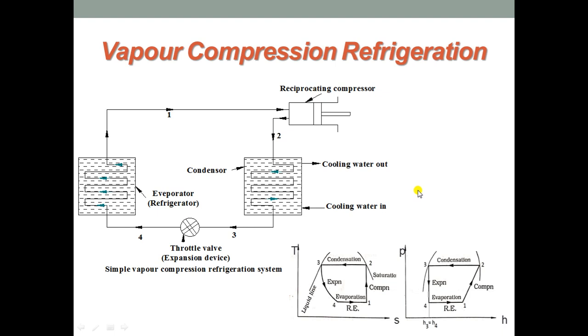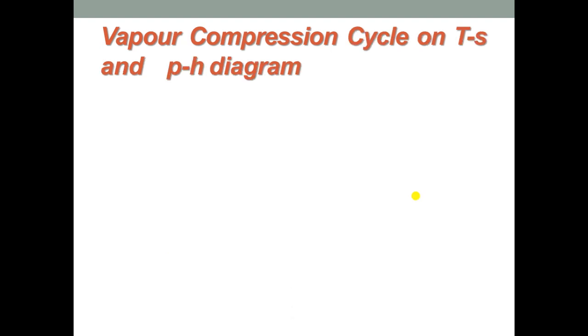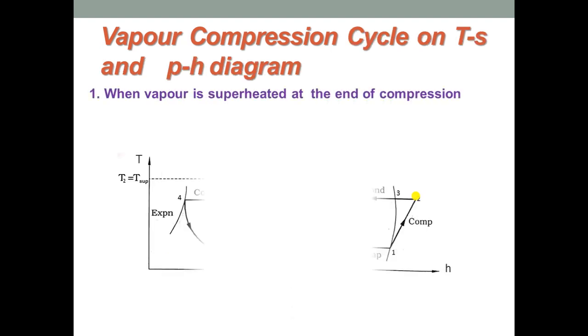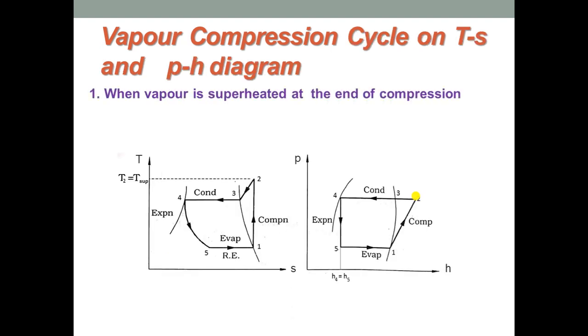So, now we consider one of the cases, that is, the refrigerant vapor is dry, or we will take it as superheated. As the refrigerant is superheated, we have different processes identified here. The first process is from point 1 to 2.